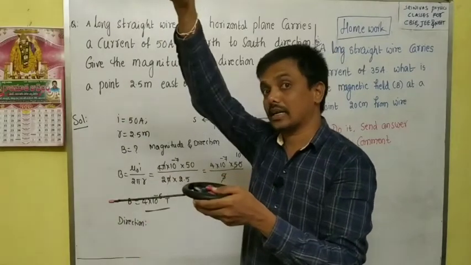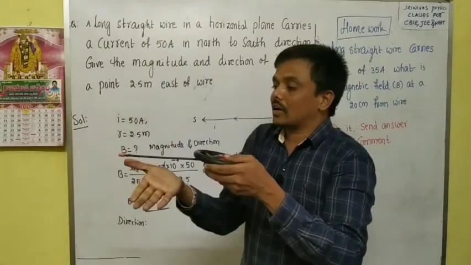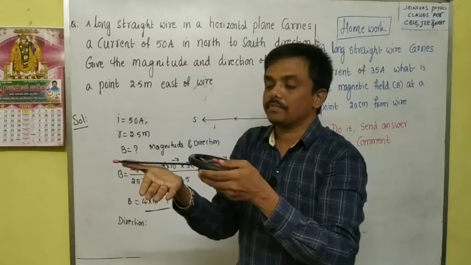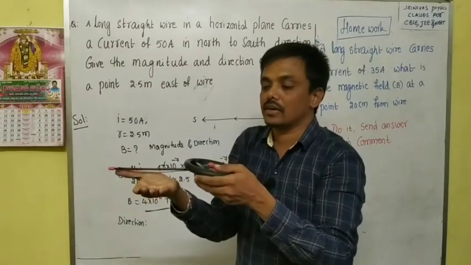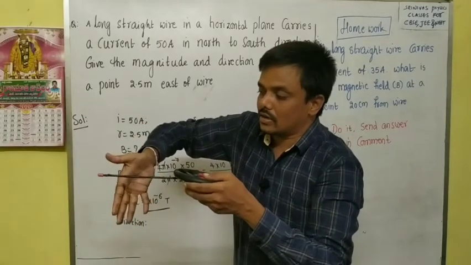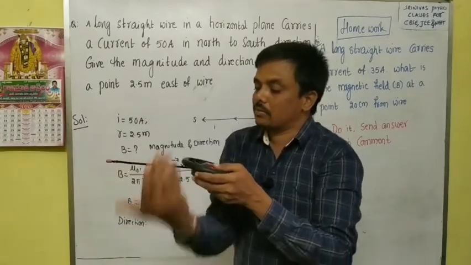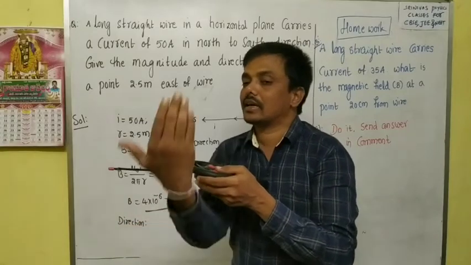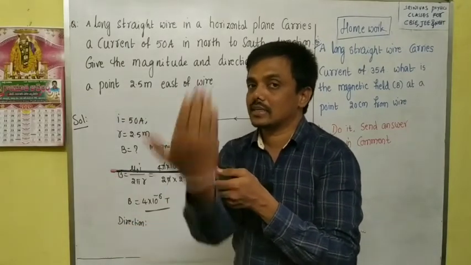You have to use the right hand thumb rule. Look at here. The thumb shows the current, and the curled fingers indicate the field. Here it is inward, and then here it is upward. That means on the east side the field direction is upward.